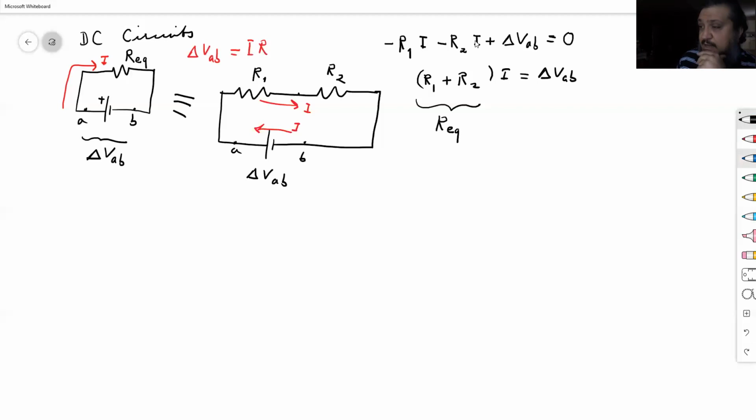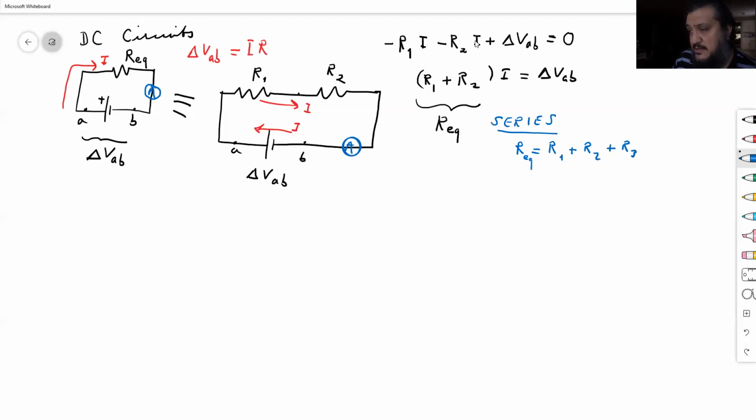If you connect an ammeter somewhere here, you would read the same number. Okay, so this is what we call a series connection. And for a series combination of resistors, you simply add them up. R equivalent would be R1 plus R2 plus R3, etc.